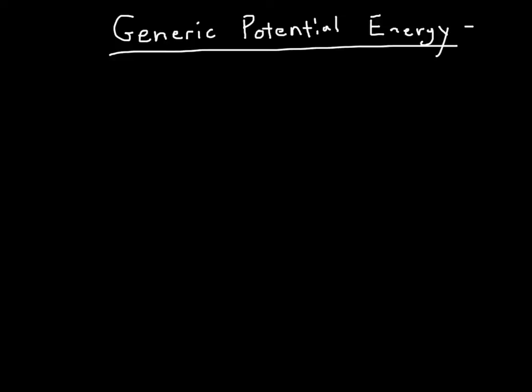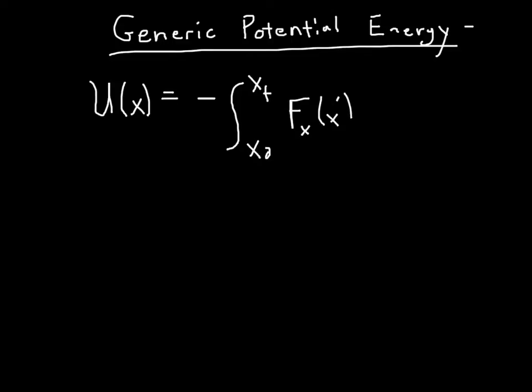We can generalize these kinds of conservative forces to find a generic equation for finding potential from a conservative force. In general, the potential due to a conservative force, as a function of x, is equal to the negative integral between the initial position and the final position of the force acting in whatever direction it's acting, times the derivative of that direction.